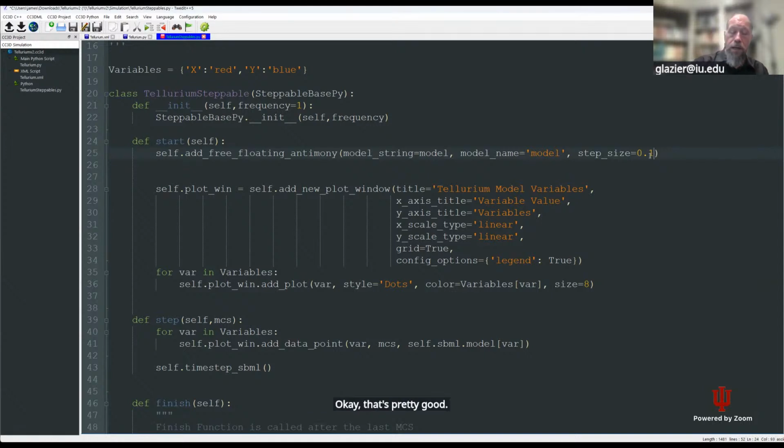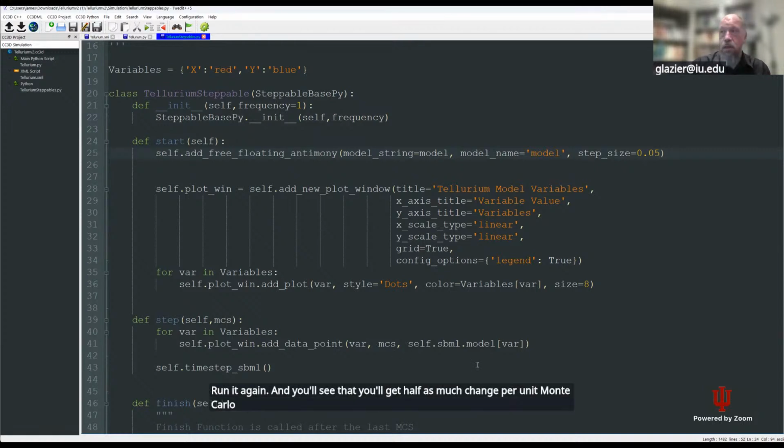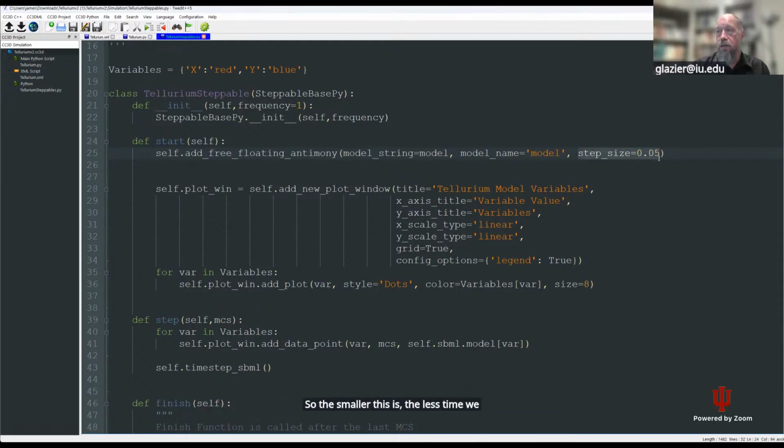You can try seeing what happens if I make that 0.05, make it half as big, then run it again, and you'll see that you'll get half as much change per unit Monte Carlo step. So the smaller this is, the less time we do in each Antimony step.